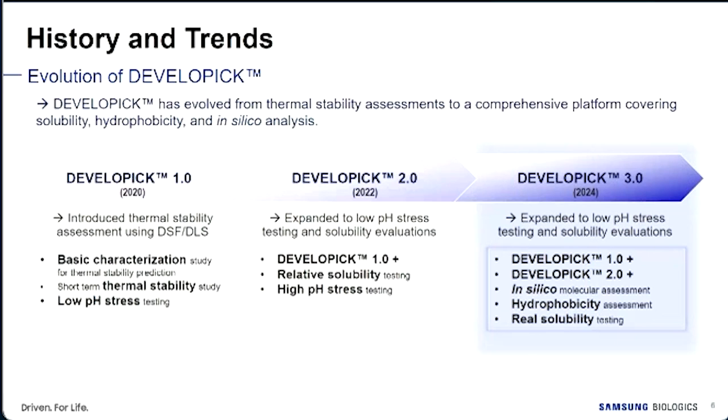We also have a real solubility testing tool for confirming the feasibility of high concentration for the target molecule. This advancement allows for a more comprehensive assessment of molecular developability, helping developers make more informed decisions.